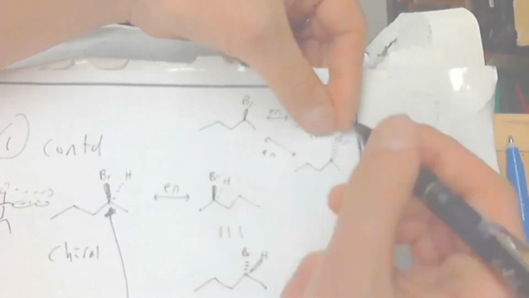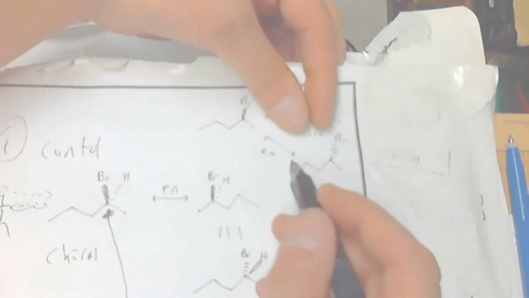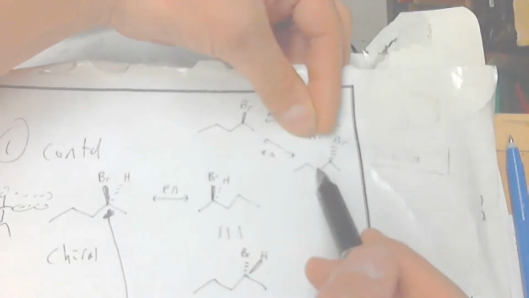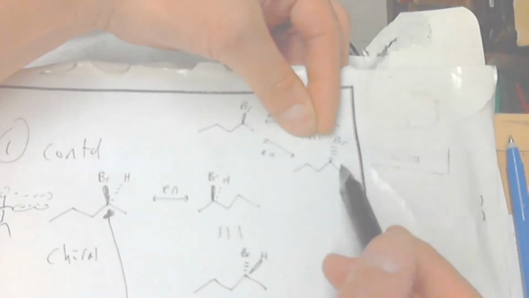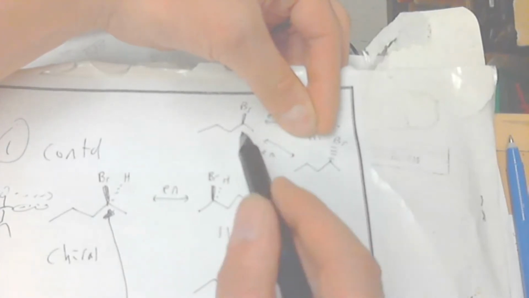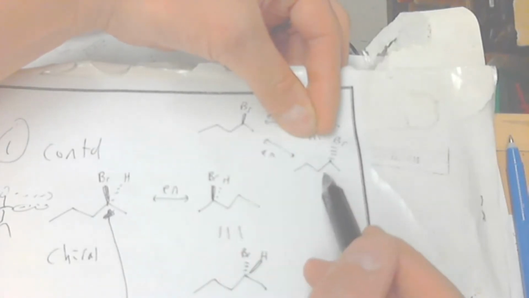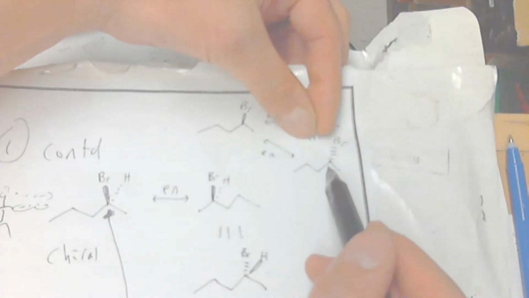Just draw two identical copies of a molecule and have the chiral center be one way or the other. That's a great way to show an enantiomeric relationship. Both of them are completely correct.